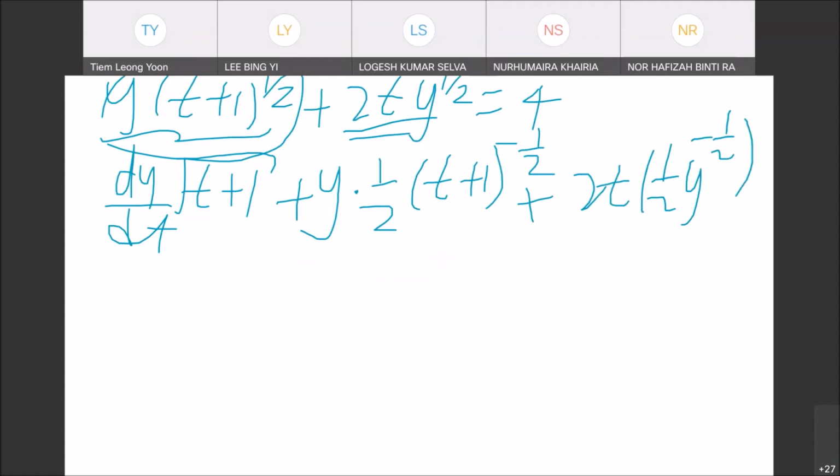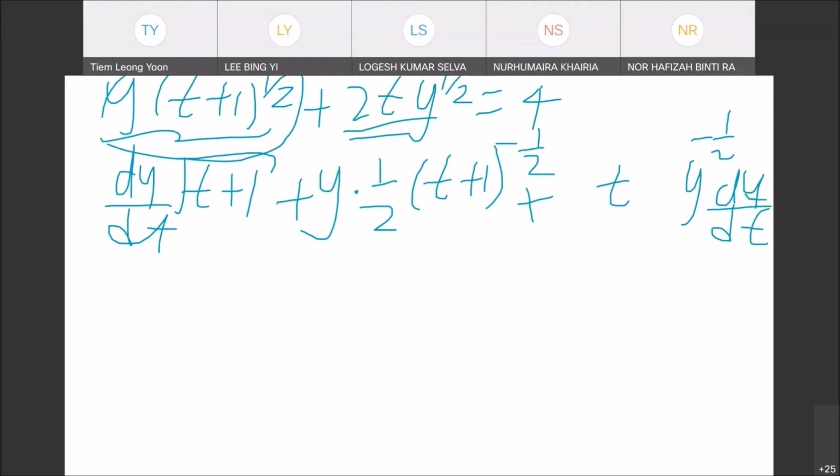Then I also have to multiply by a factor of dy/dt. Maybe I just cancel off the factor of 2. That gives me the first derivative of this.